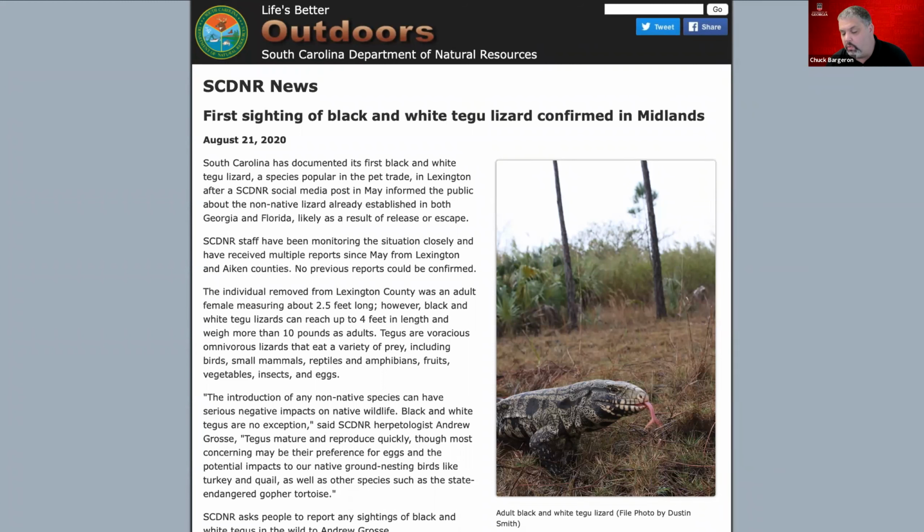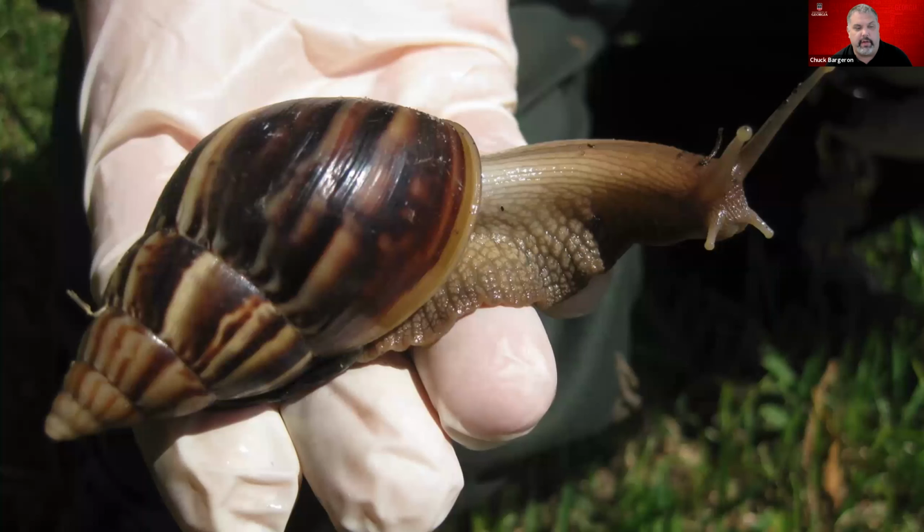So I wanted to include this because this is where we're starting to see some of these reptiles that were initially just tied to Florida or South Florida starting to show up farther north, and can have huge impacts from there.